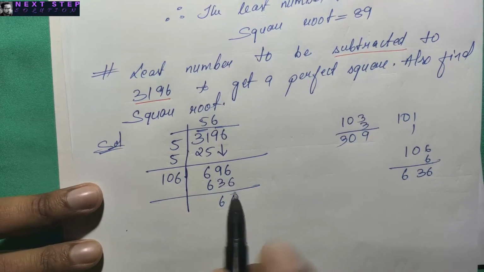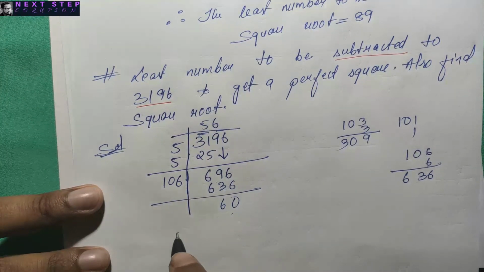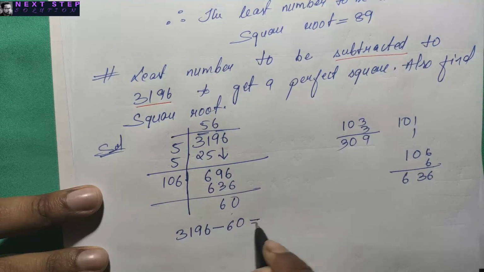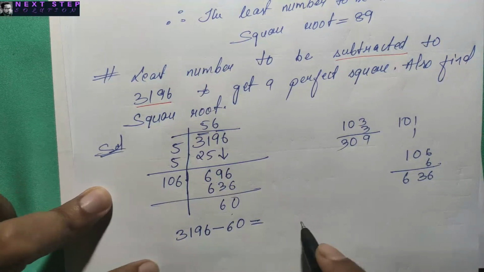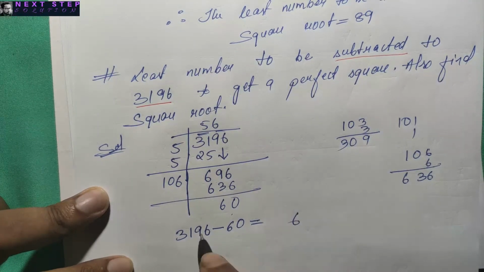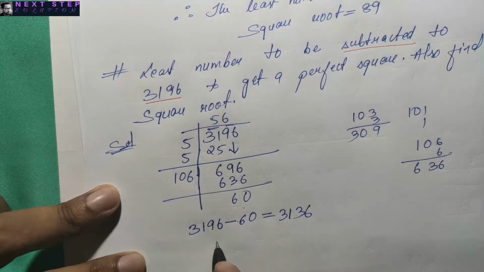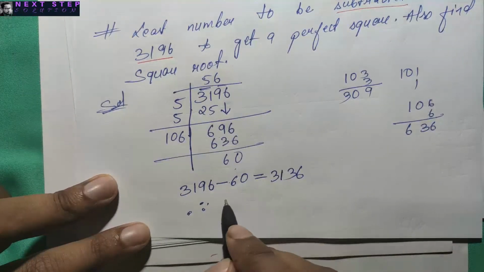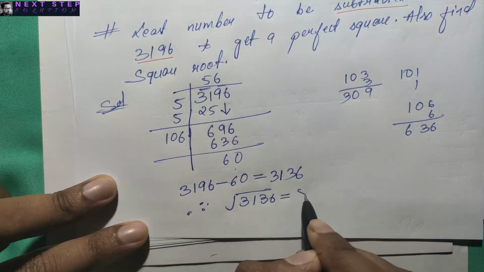So if we subtract 60 from it, it will become a perfect square. The least number is 60, and the square root is this one. So 3196 is not a perfect square. If we subtract 60 from it, it will become a perfect square. So after subtracting 60, it becomes 3136, and the square root of 3136 will be equal to 56.